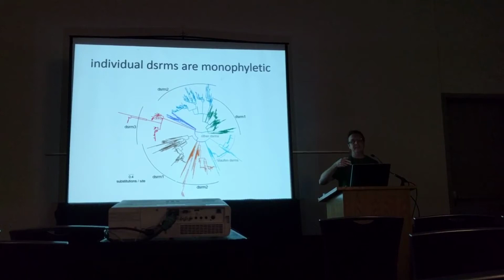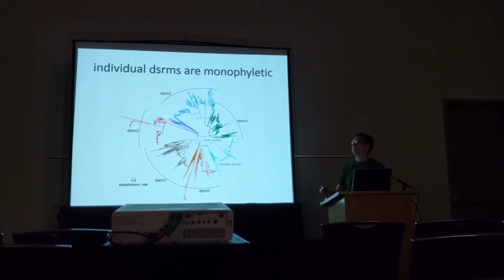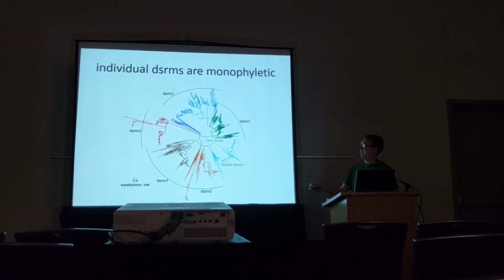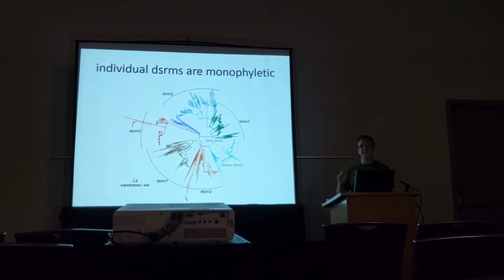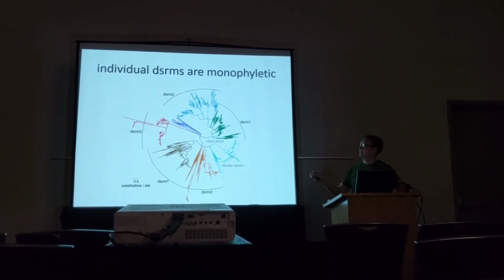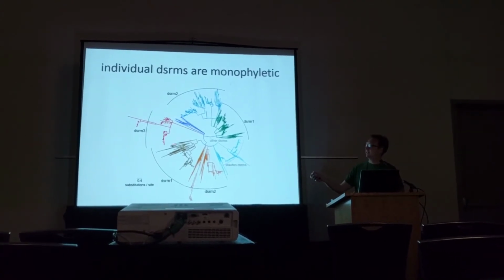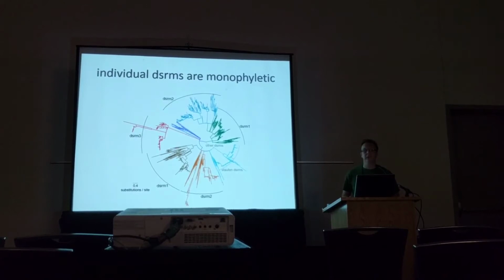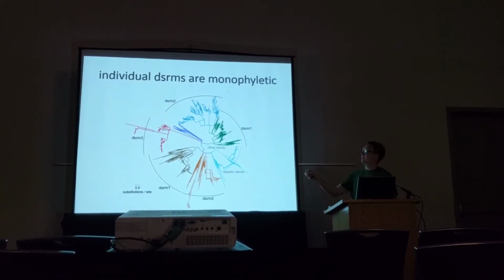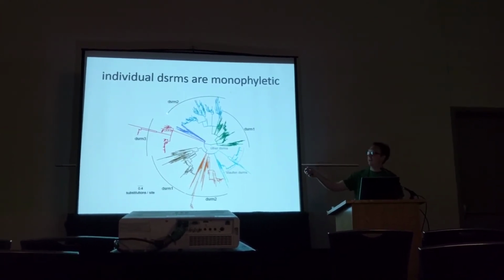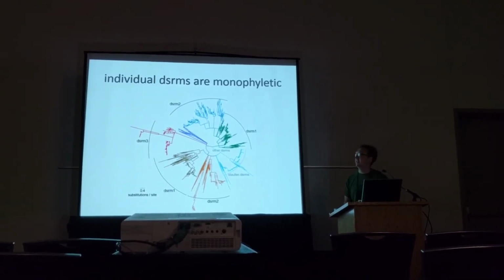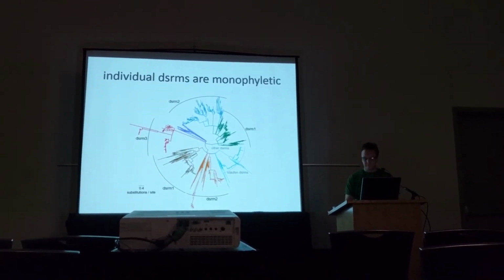Like I said, the DRBs are a tandem array of DSRMs, and so we can number them 1, 2, 3. And we found in animals and in plants, the DSRMs clustered together. So we have a nice clade of animal DSRM3s, while DSRM1s and DSRM2s are a little more ambiguous. And the same thing in plants. We see this well-supported clade of DSRM2 domains and a little bit more ambiguous of a clade of DSRM1s.